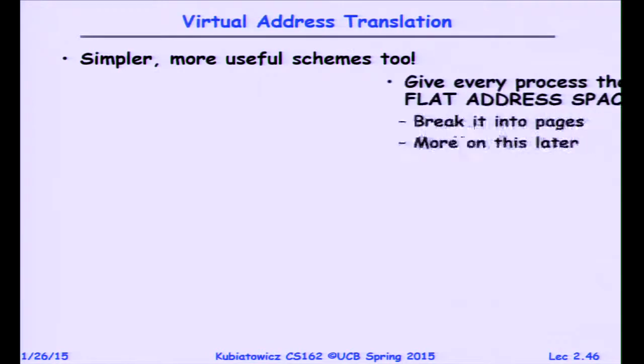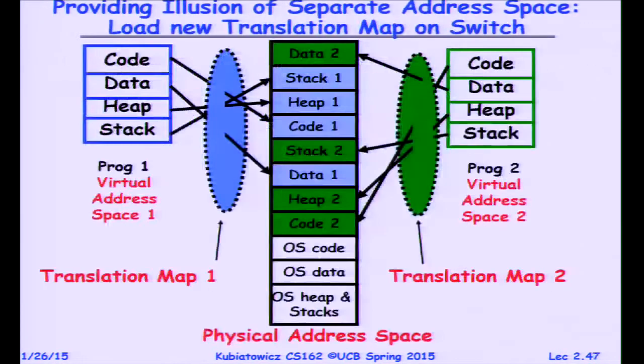And then finally, there are lots of other interesting things, and I just wanted to throw this up before we completely run out of time, which we kind of have. We're going to get to this a little bit later in the term, but this is what's typically called paging. What you see here is that each process, number 1 and number 2, goes through a translation table to point at individual pages in main memory.